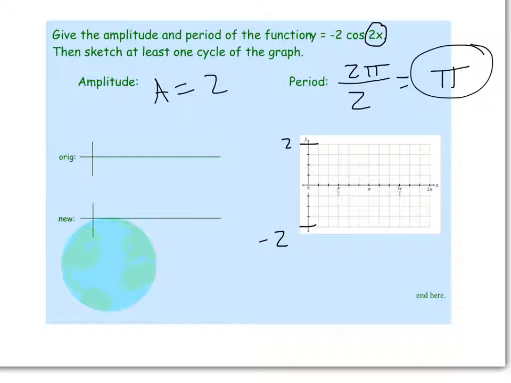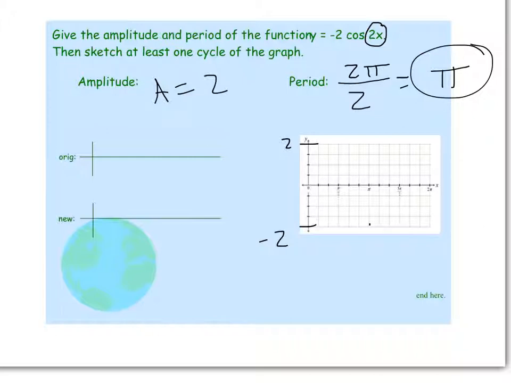Okay, so it's going to end right there. Okay, the original cosine graph would have looked something like this.